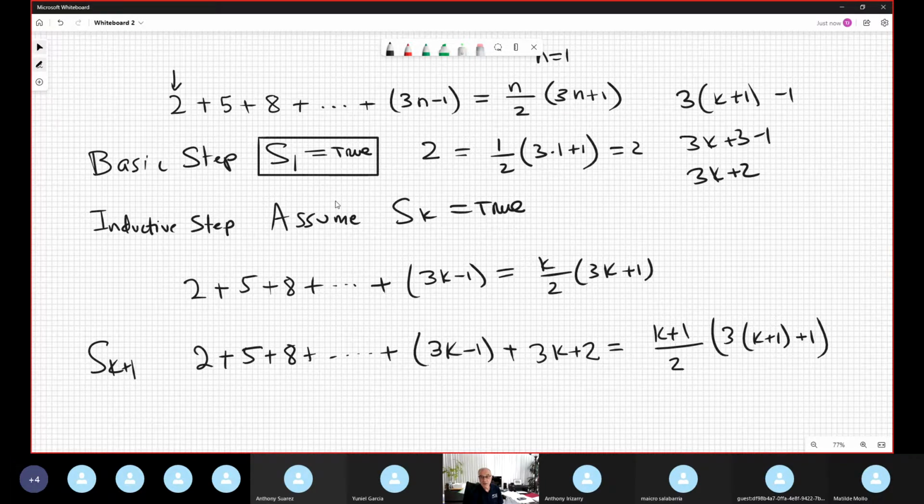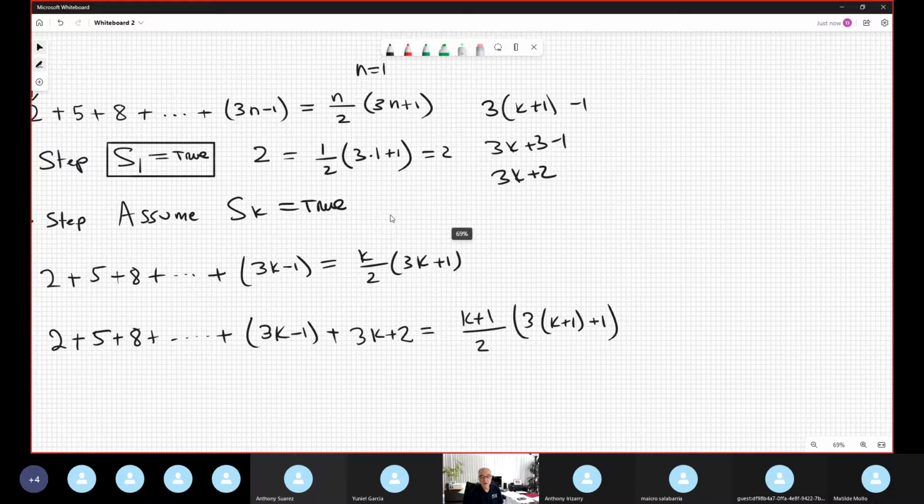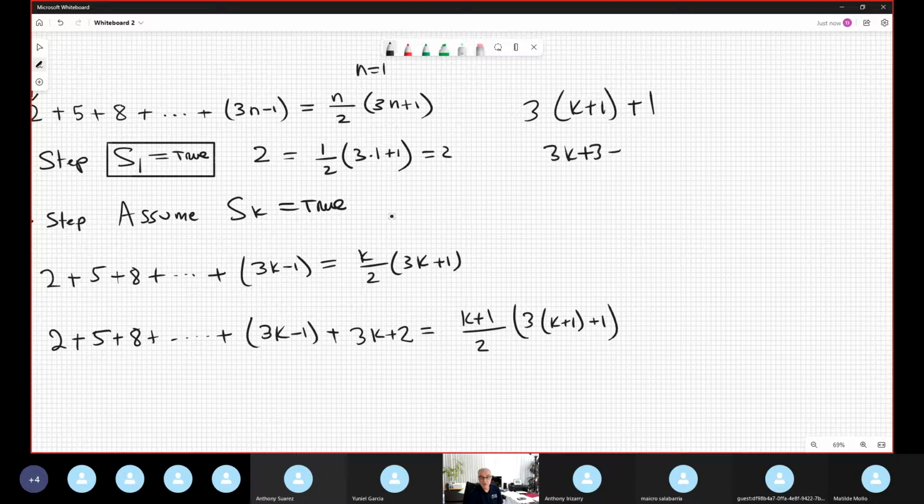Again, let me try to manipulate this to understand more clearly. This is 3(k+1) plus 1. Distributing, 3k plus 3 plus 1, which is 3k plus 4. So you replace this expression by 3k plus 4. So far, so good?